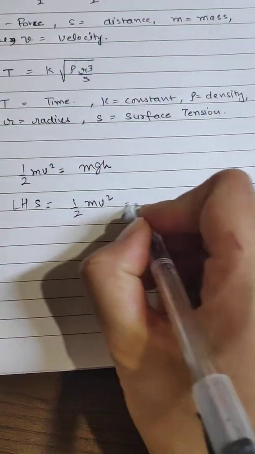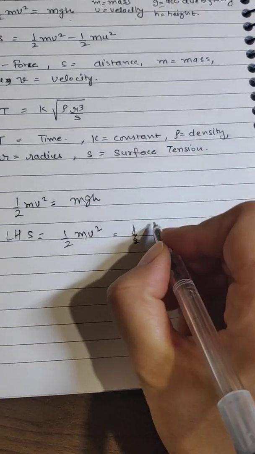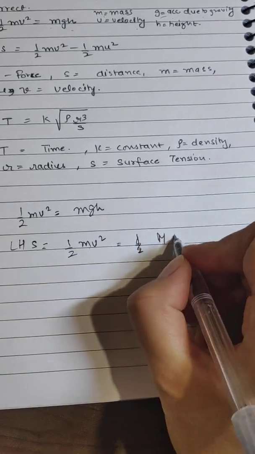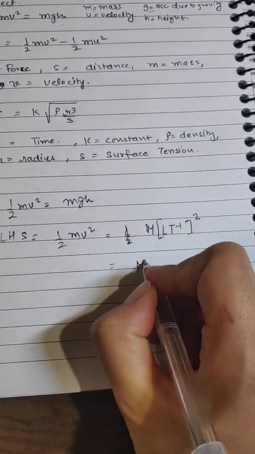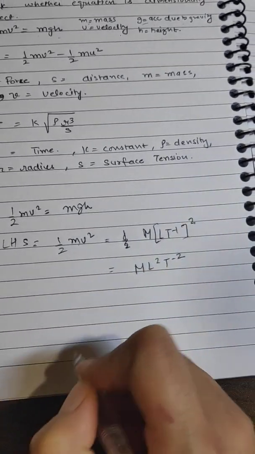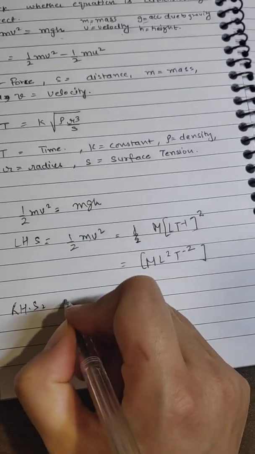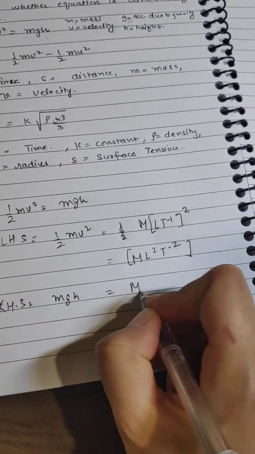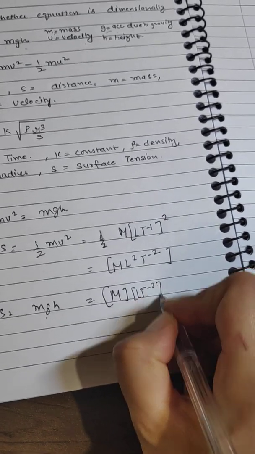Half mv square, 1 by 2, leave it. What are the dimensions of m? That is M, v is velocity, LT minus 1 raised to the power 2. So you will get M L2 T minus 2. These are the dimensions of the left hand side. For the right hand side, m g h: g is acceleration due to gravity, again LT minus 2.